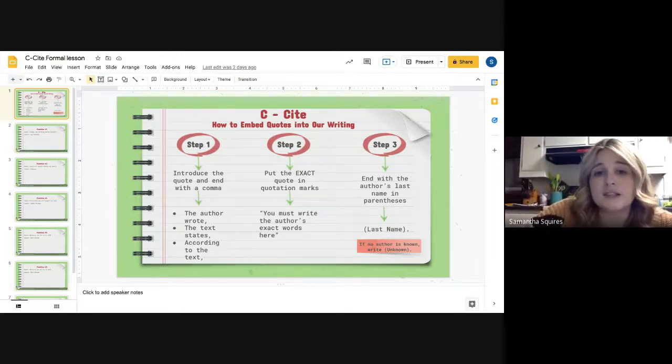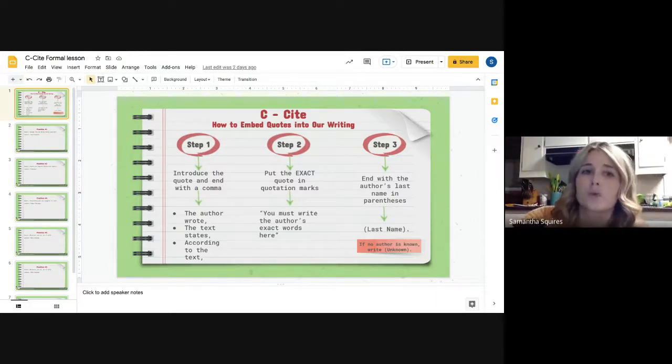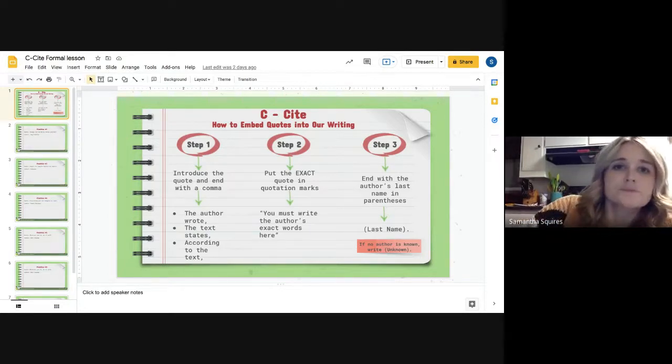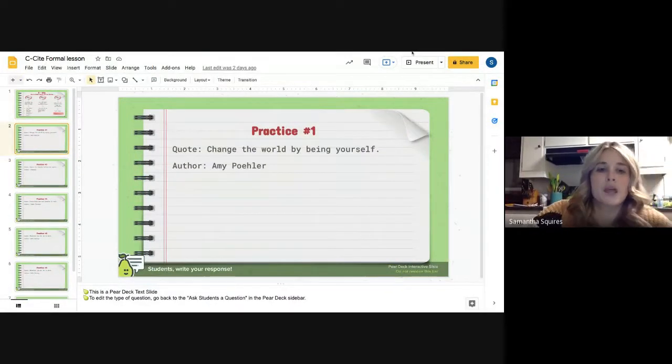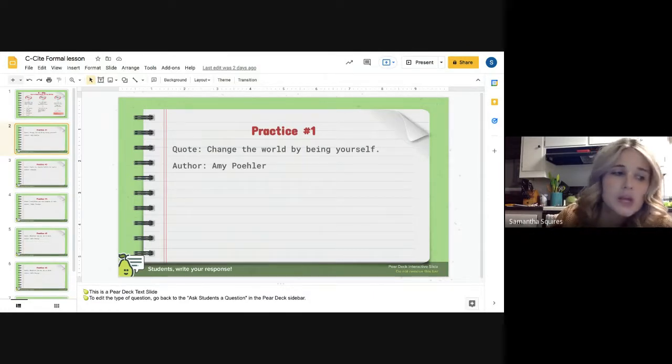This is going to be more towards the practice that we're doing right now, not so much the actual worksheet. So the quote is, "Change the world by being yourself." And the author is Amy Poehler.